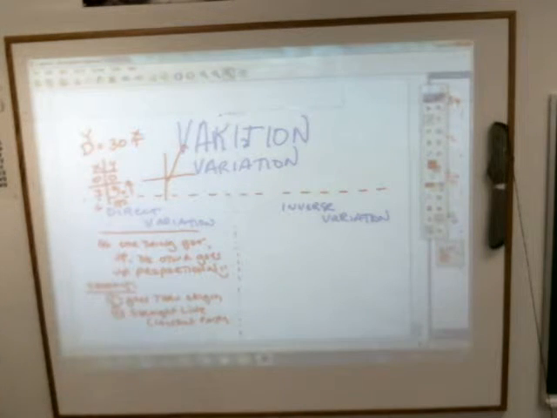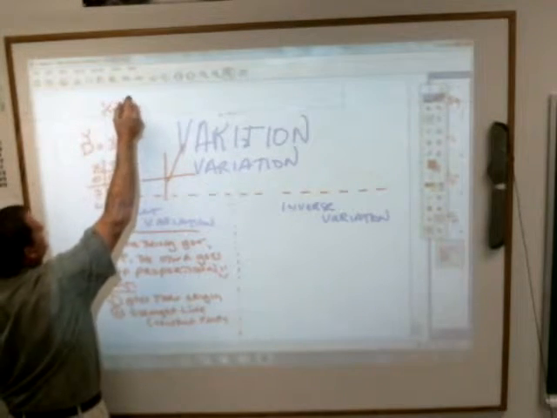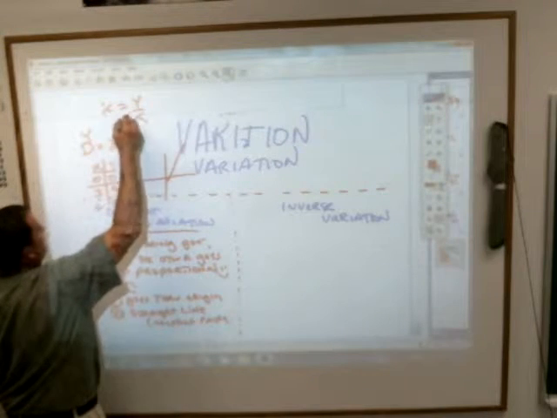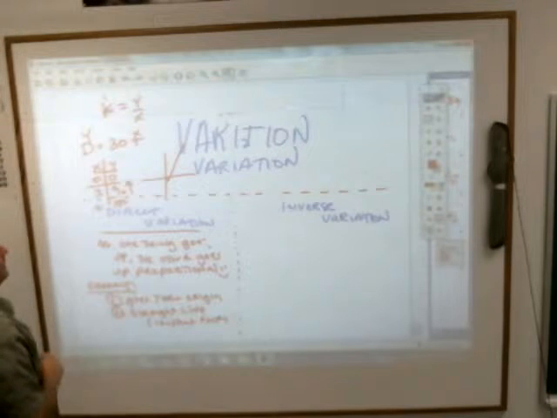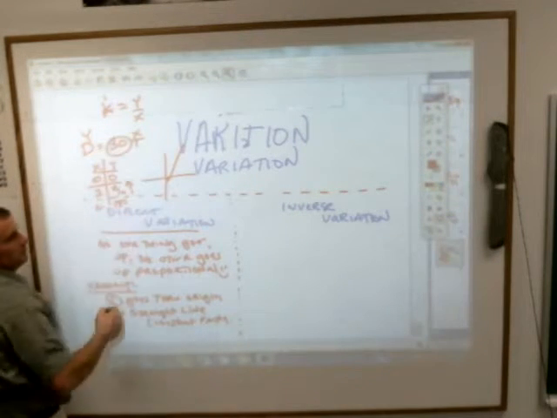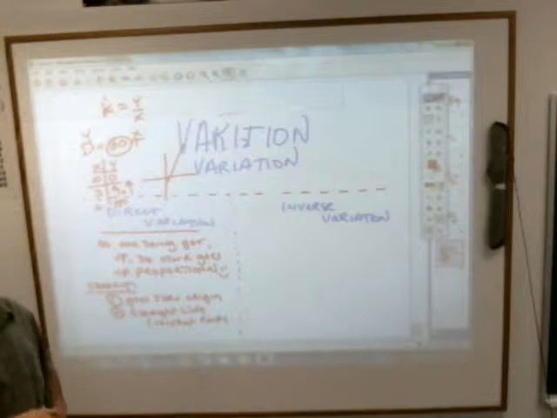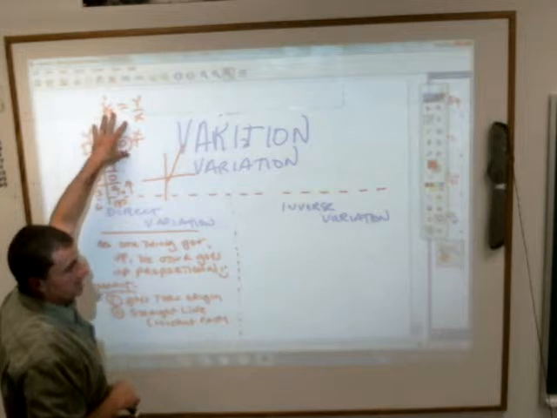They would give you this: k equals y divided by x, where k is what we call a constant. In this case, 30 was the constant. 30 was the number that you used every time. The x's and the y's change, but the 30 does not.